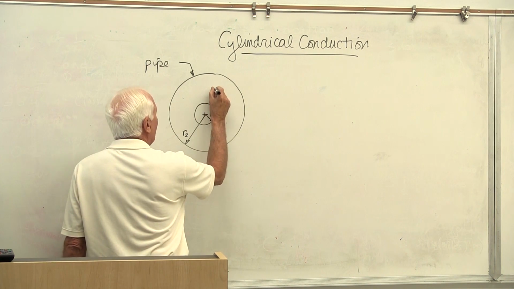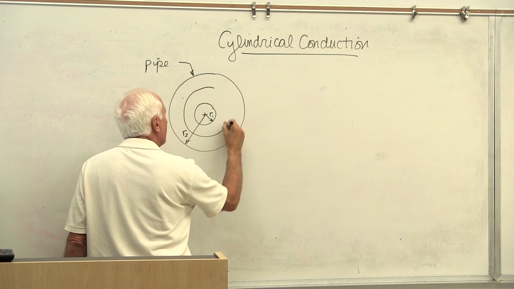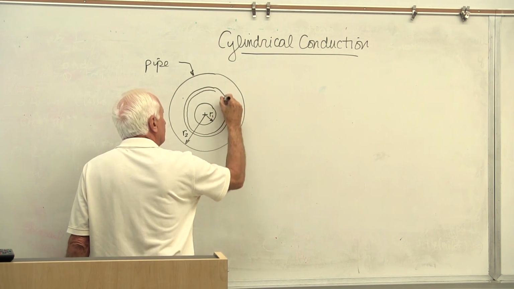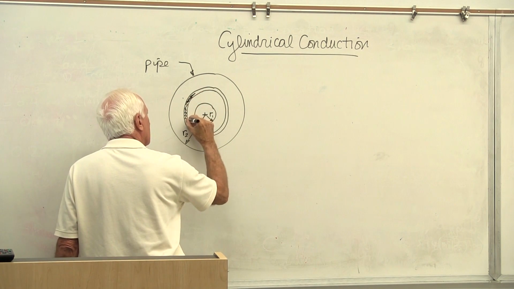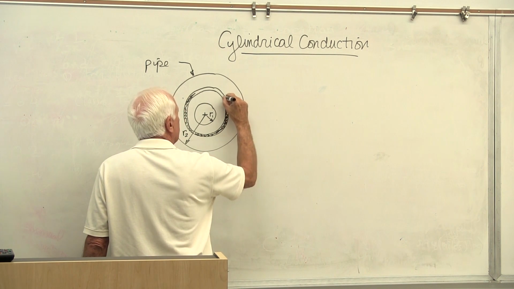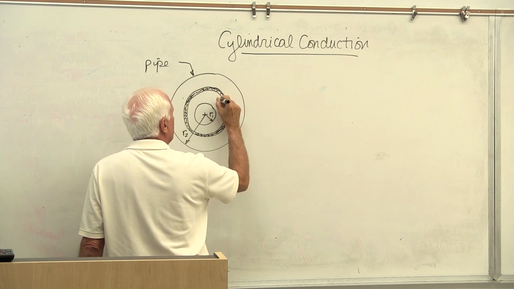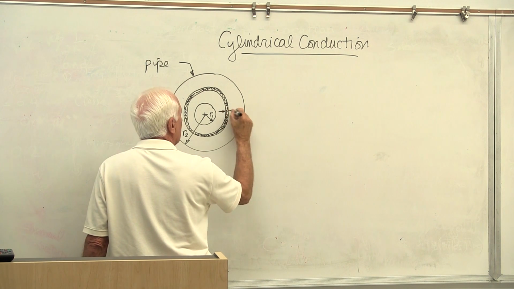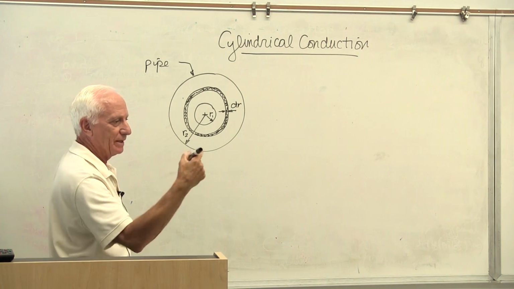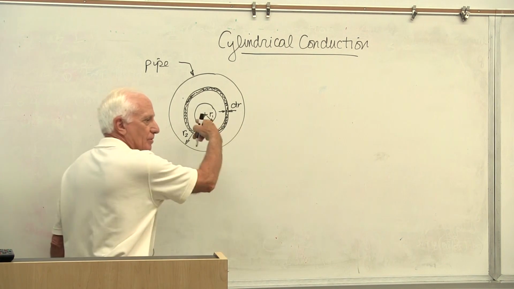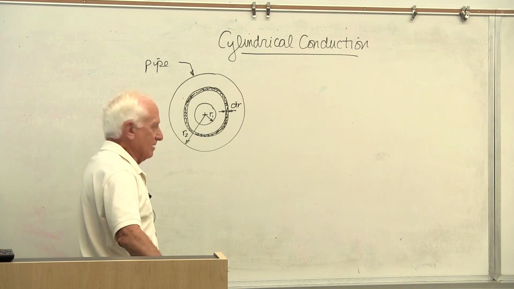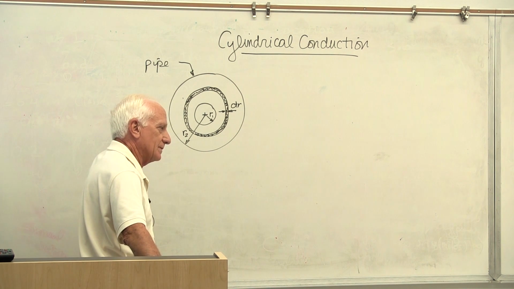We take a little thin strip of the pipe like this, and that little thin strip of pipe has a thickness of dr. So this is the thickness dr. The pipe is length L into the blackboard. The diameter on the outside is 2r2. Inside 2r1.